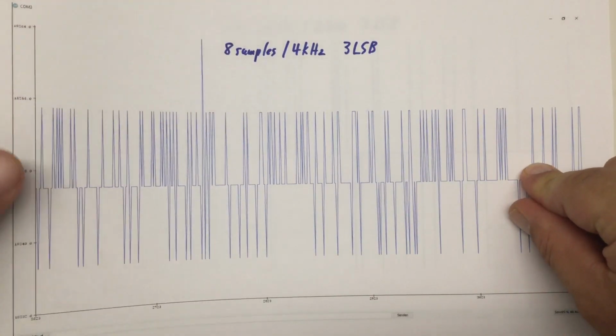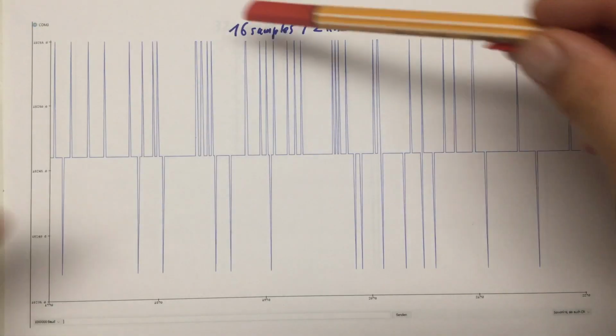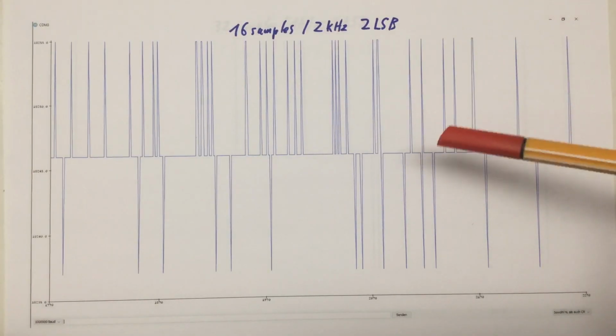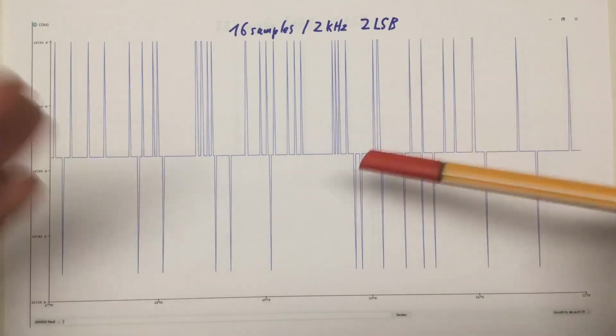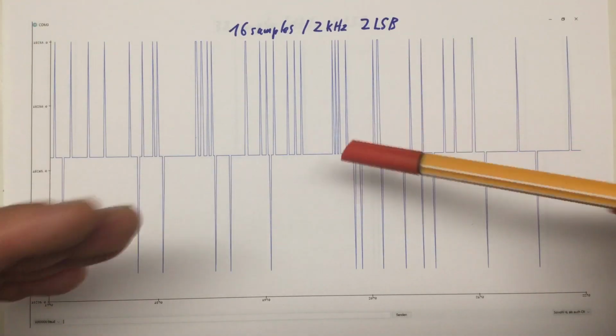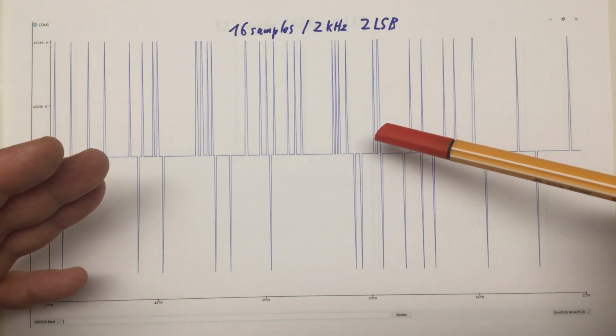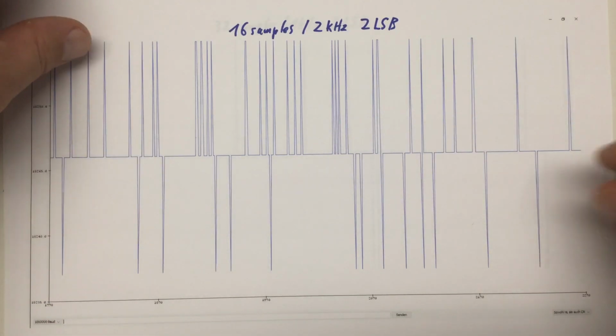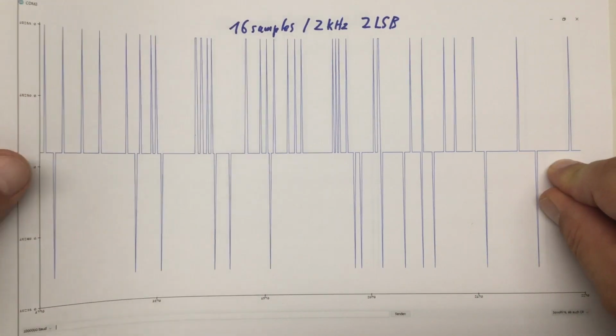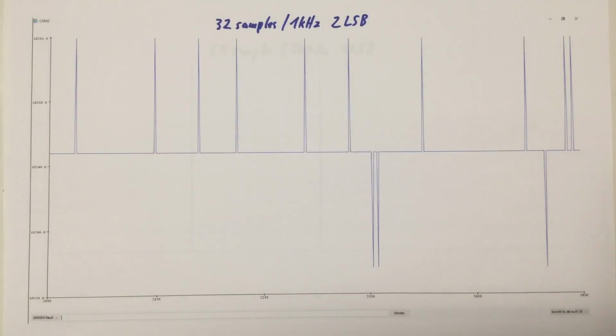And that trend of course continued, 16 samples, 2 kilohertz output rate, 2 LSB. We are now down to a noise error of 0.16, 0.18 degrees. So a fifth of a degree, generously.